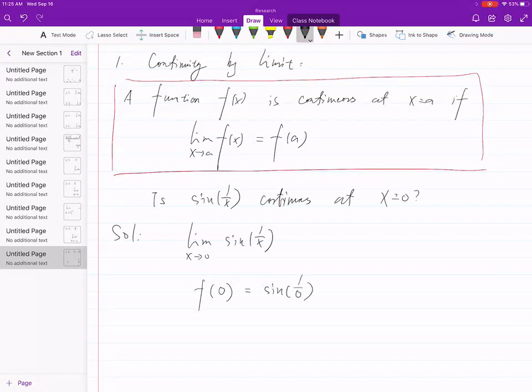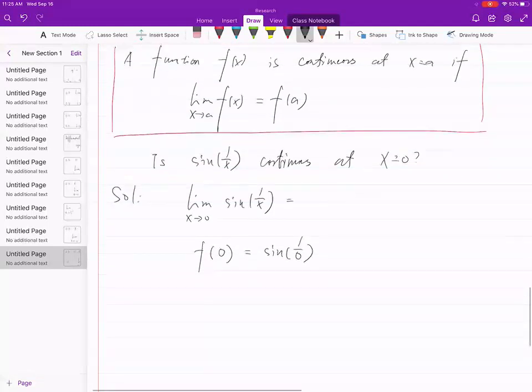And let's check if they are the same. If they are, continuous. If they're not, not continuous. Period. Sounds good? What's the limit? Does not exist. Remember oscillation? Yeah, there's no limit. Does not exist. What's the function value if you plug in 0?